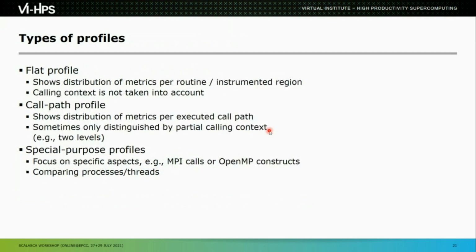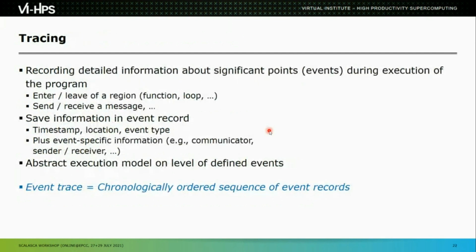As I said, we have different ways of collecting profiles, and we'll show you examples of those in the course of the rest of the morning here. The alternative is that for every event that we encounter, we can record those in a memory buffer and then process those post-mortem.